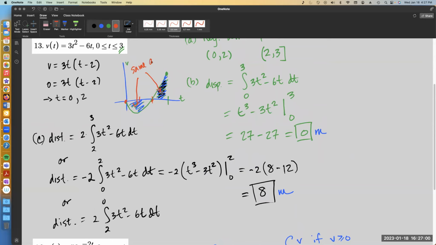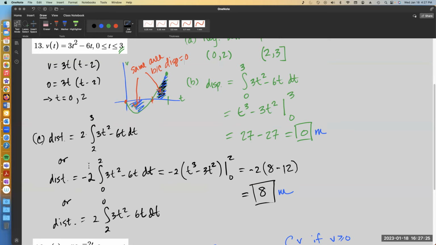So that's the same area because the displacement is 0. We're using the fact that the displacement happens to be 0, so it gives us more insight into how those two areas are related. In other words, the total area is either this area times 2 or this area times 2. Does that make sense? Yeah, it makes sense.